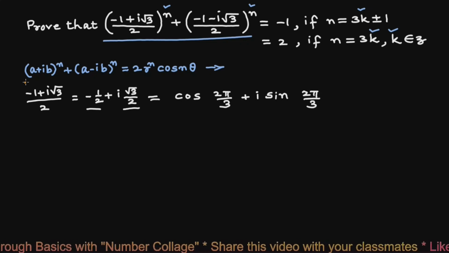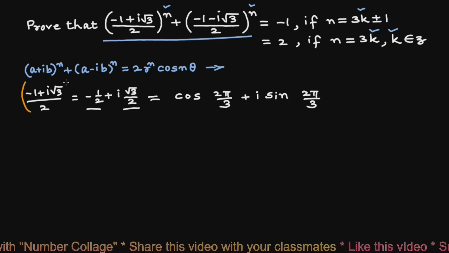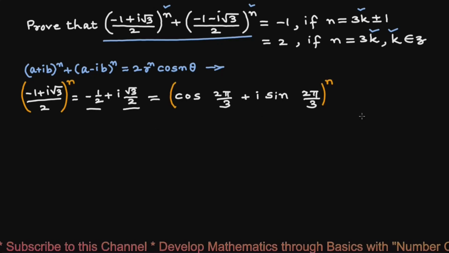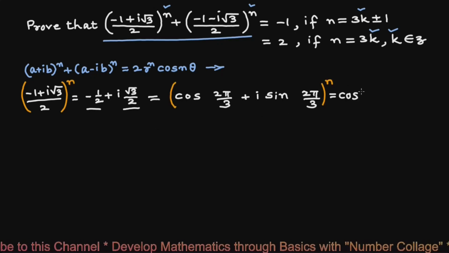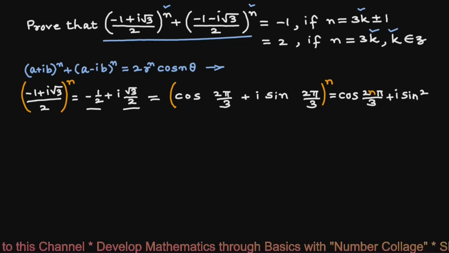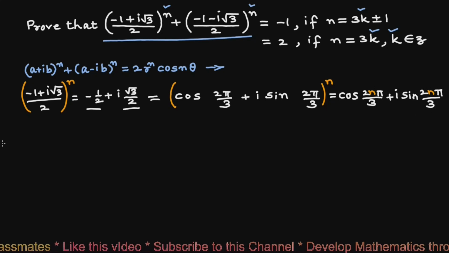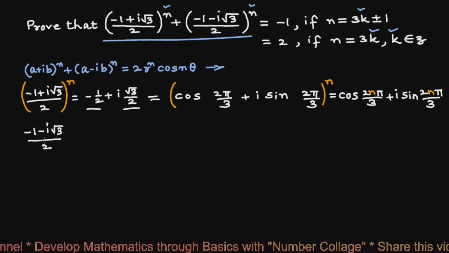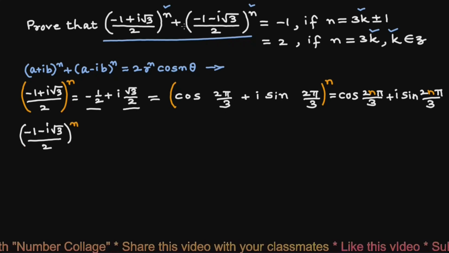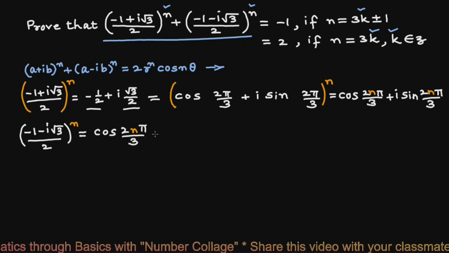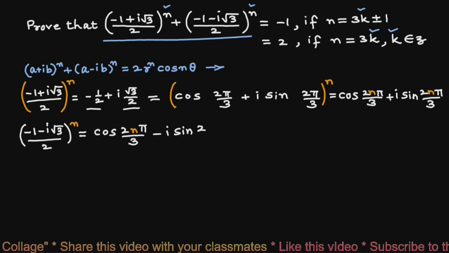If we raise (minus 1 plus i root 3) by 2 to power n, then according to De Moivre's theorem, this will be cos of 2n pi by 3 plus i sin 2n pi by 3. Similarly, ((minus 1 minus i root 3) upon 2) whole raised to n will be cos 2n pi by 3 minus i sin 2n pi by 3.